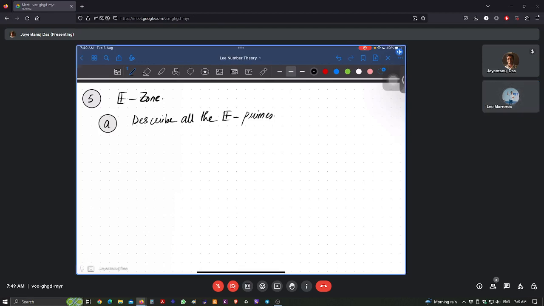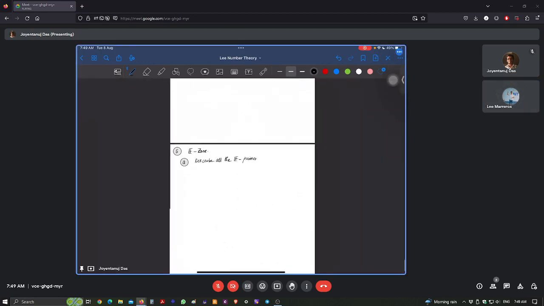So E prime is, the usual thing, prime is it cannot have other divisor than itself and the number 1, right? So other divisors should be coming from that E set only. So it cannot be divisible by other numbers from the set, right? So how will you describe all the E primes?